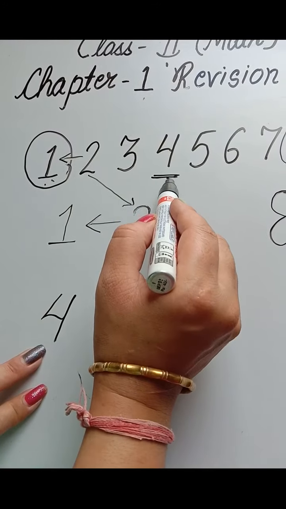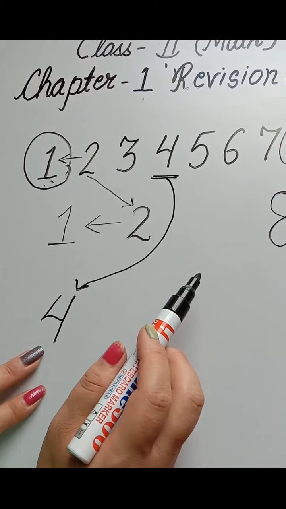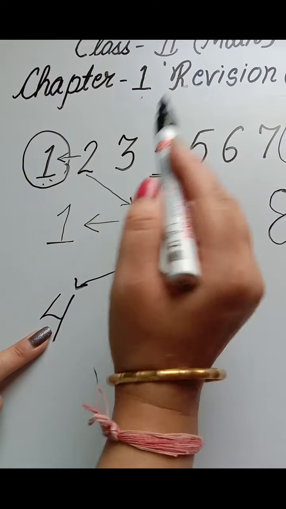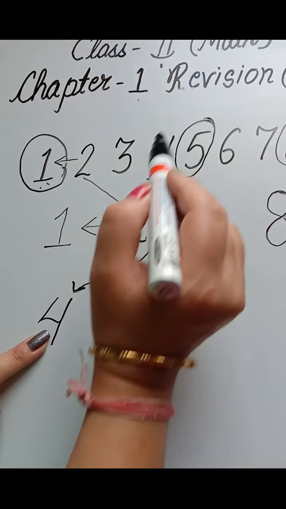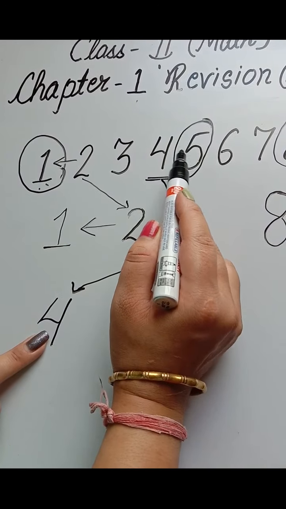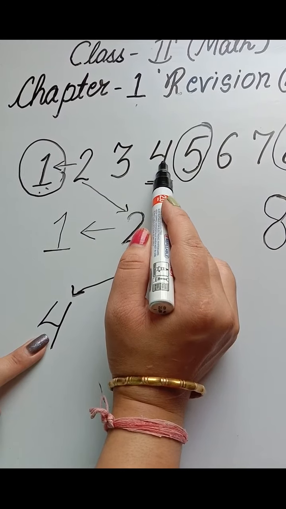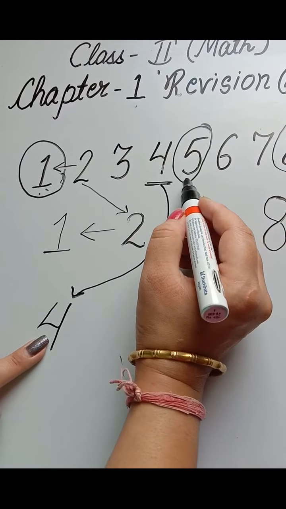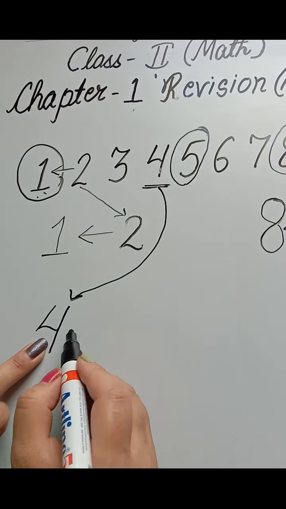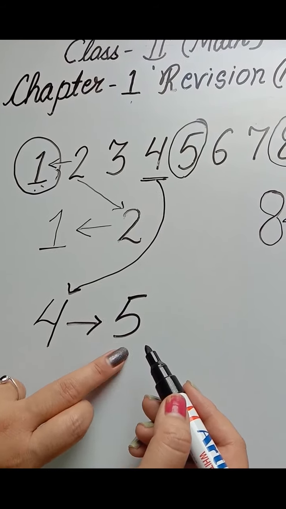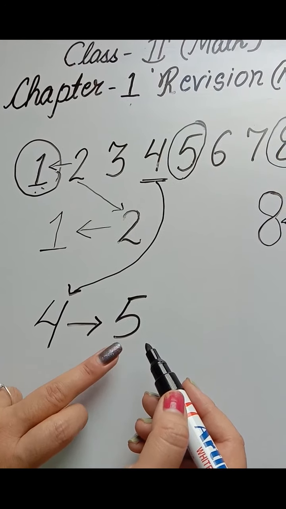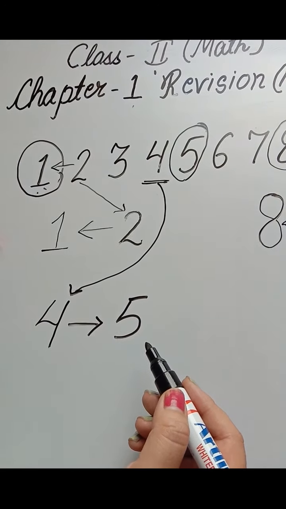Which number comes just after 4? That is 5. So 5 is after 4. That means your number will be 5. Got it? This is your after number, that means the forward numbers, as we did in before also.